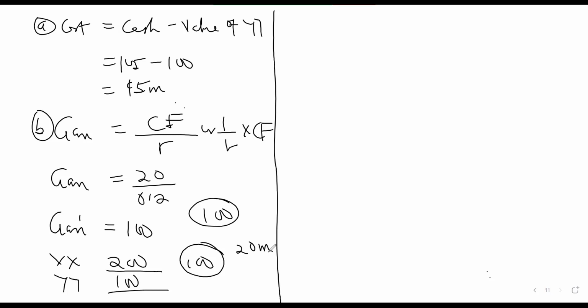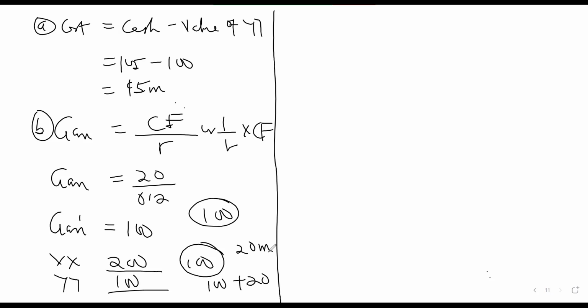The maximum amount that you can pay for my car will be the 100 plus what? The 20 million. Because if you buy the car, you will not be buying fuel for 20 million. So you can see that you are adding the 20 million to the value of the car. That is the maximum amount.